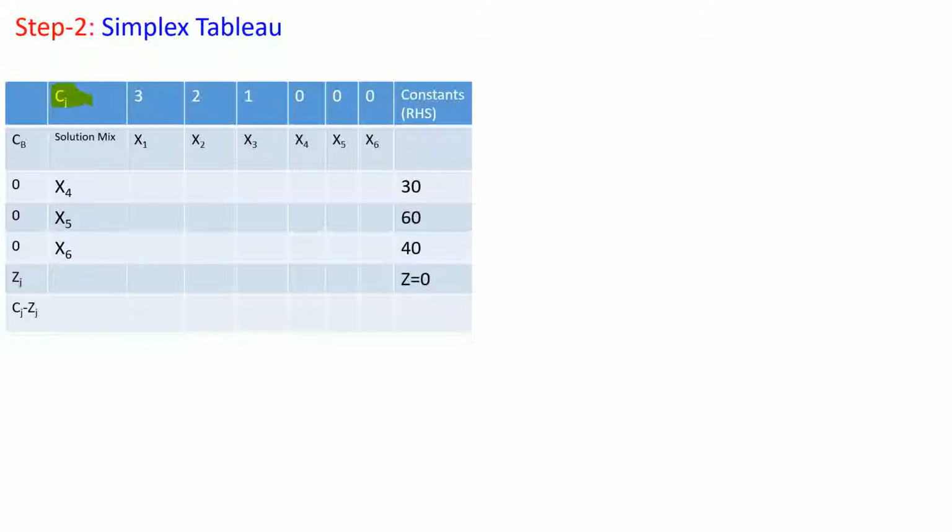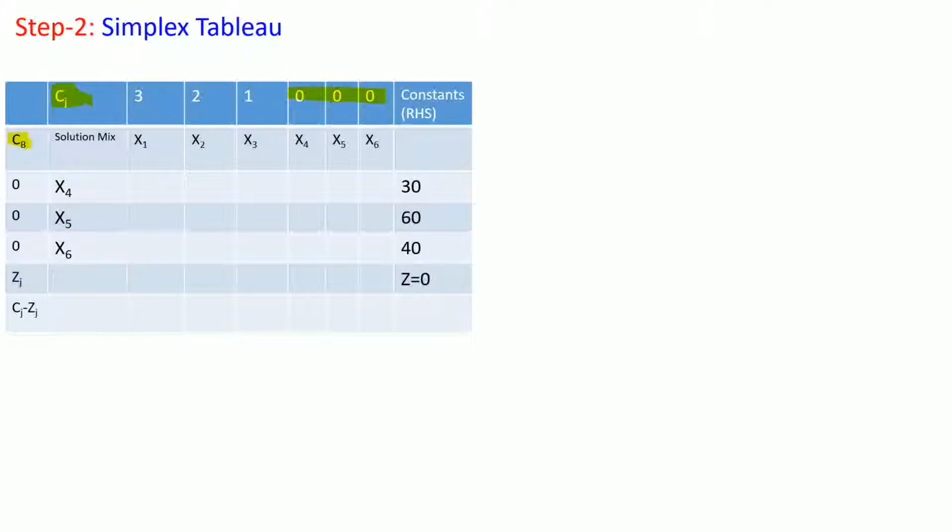And this CB is the coefficient of the basic variables found in the objective function. So 0, 0, 0 are the coefficients of the basic variables x4, x5, and x6.